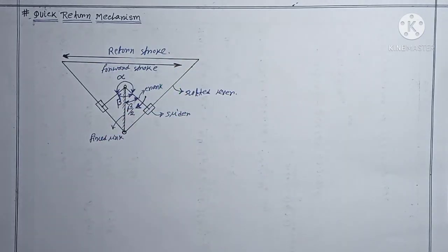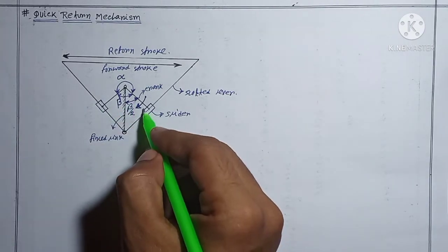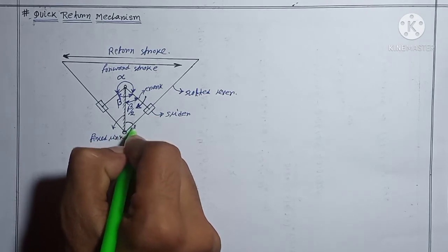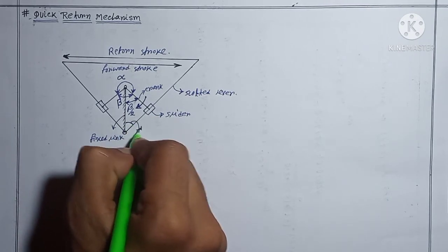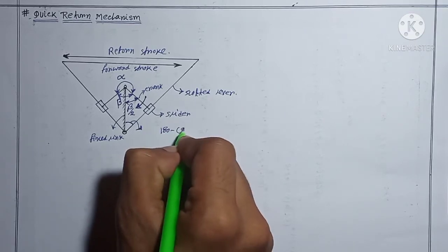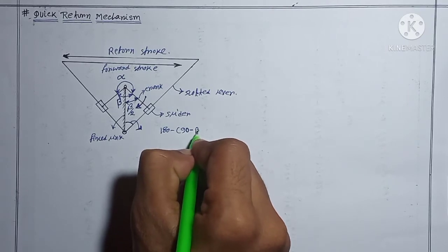Now this angle is 90, so we can write this angle as 180 minus 90 minus beta by 2.